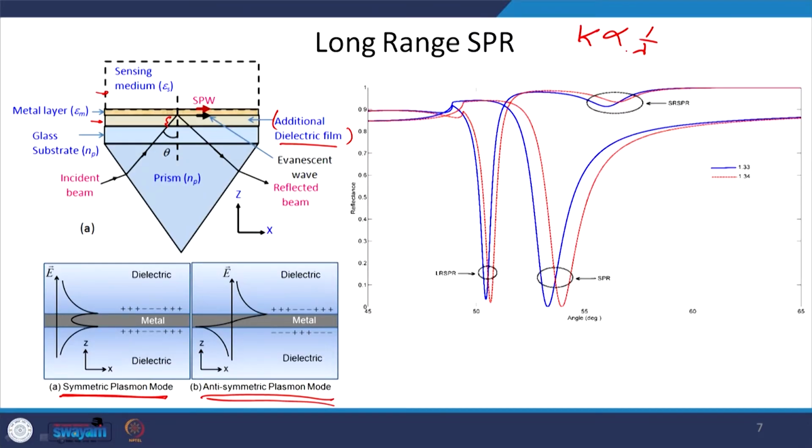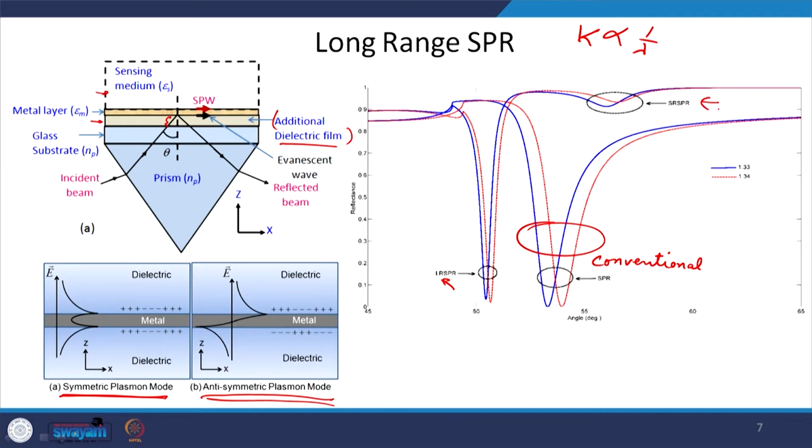So, if one has a larger wave vector, that means a smaller wavelength. So, that is why what I have shown here is the conventional SPR, this one, and this one is long range SPR, and this one is called short range SPR.